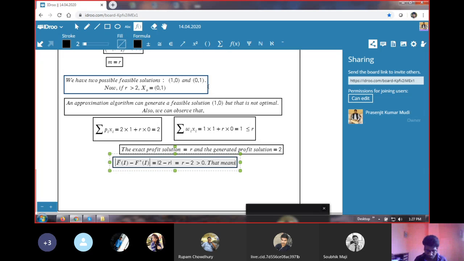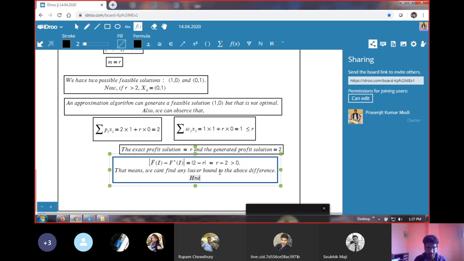That means we can't find any lower bound to the above difference, and hence algorithm A is not an absolute approximation algorithm.